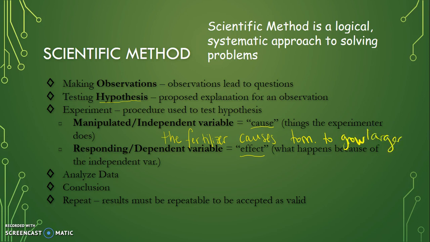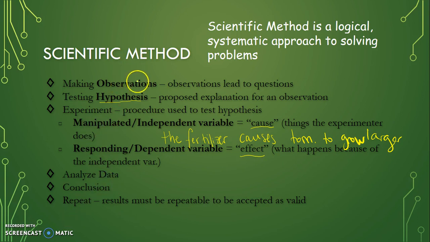Then the fertilizer is the cause. That is the independent variable, and the tomatoes growing larger is the dependent. Now you could say it the other way. The tomatoes growing larger causes the fertilizer, and that makes absolutely no sense whatsoever. So that tells you that it's a wrong way to say it. The cause goes first and then the effect is next because it's cause and effect. Okay, so use that to help yourself.